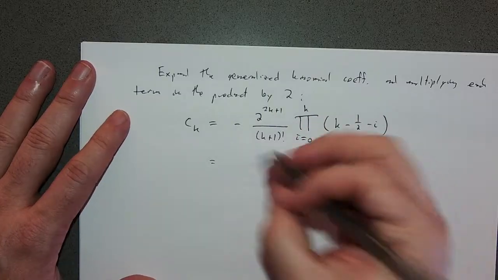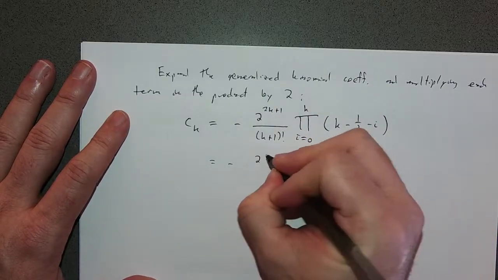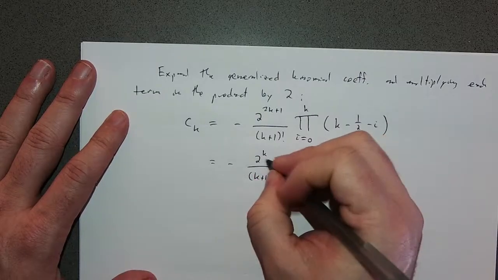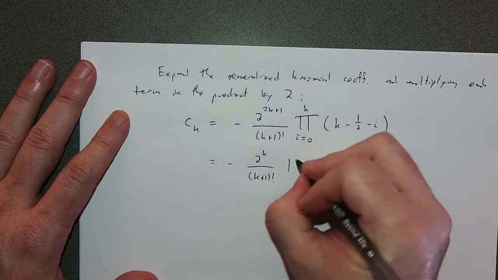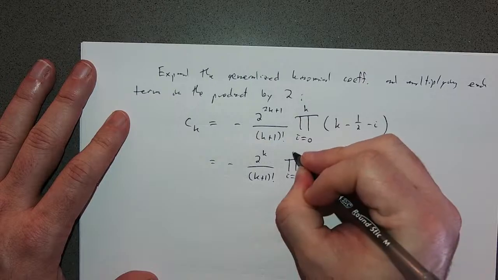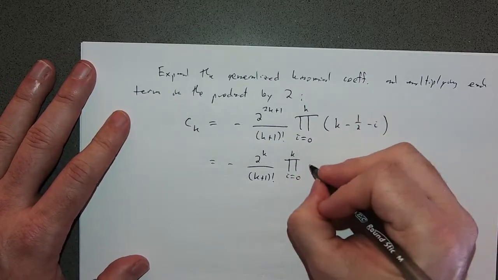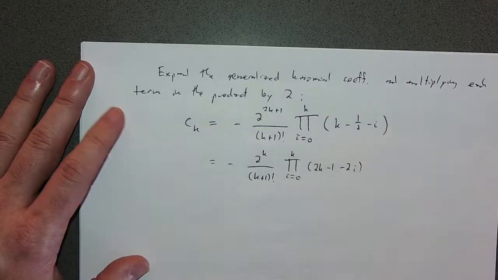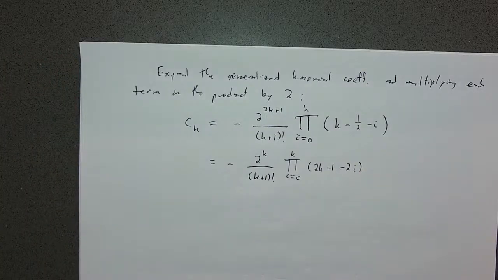This would be minus 2 to the k over k plus 1 factorial times the product i equals 0 to k of 2k minus 1 minus 2i. Okay.